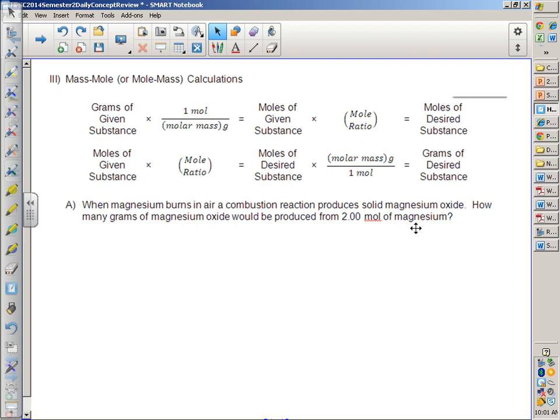First thing we should do, first step in the process, what should we do? What are we looking for? Maura, what are we looking for in this problem? How many grams of magnesium oxide? Okay, so let's just stop it right there, right? We're probably going to have to figure out a formula here, right?